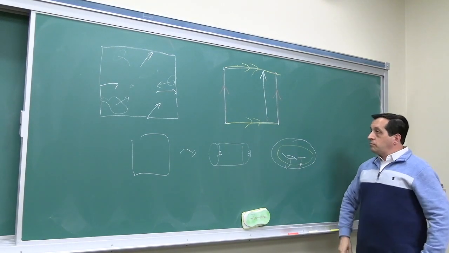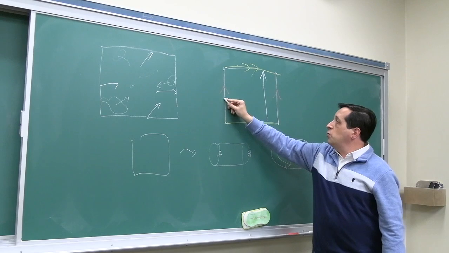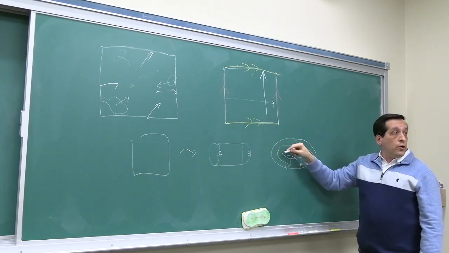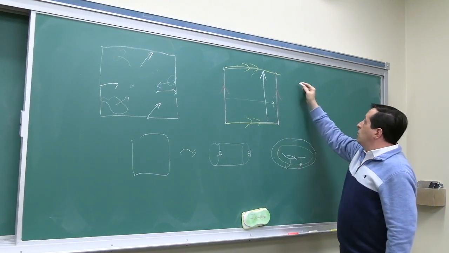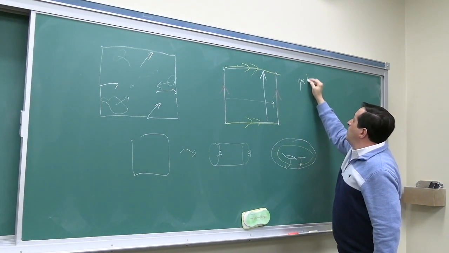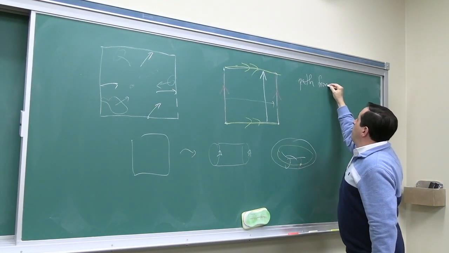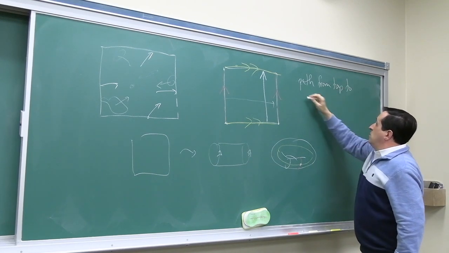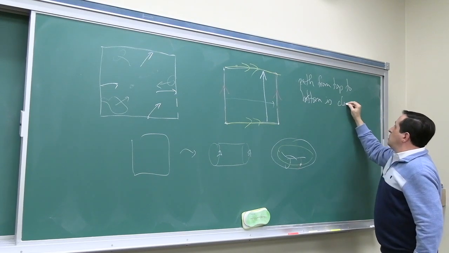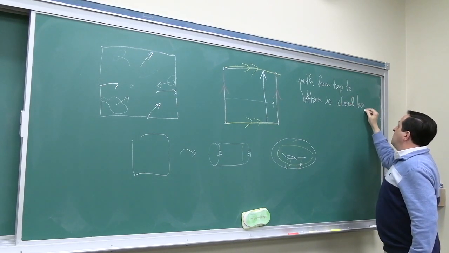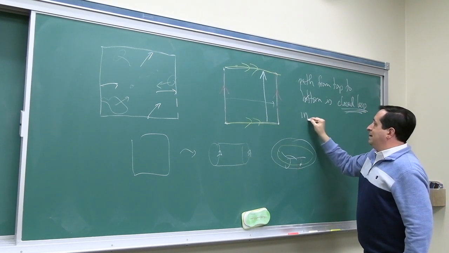Okay? Great. And the same thing the other side. If you went around this way, then you go around the hole and you keep going around and around and around. Okay. So in here, we see that a path that goes from top to bottom is a closed loop in this space.